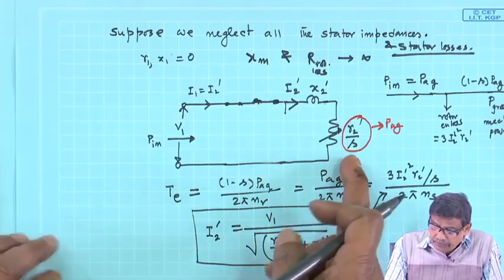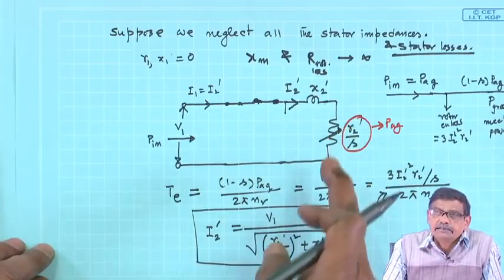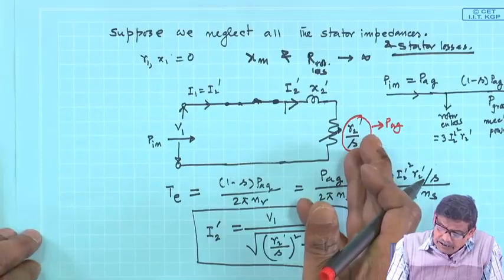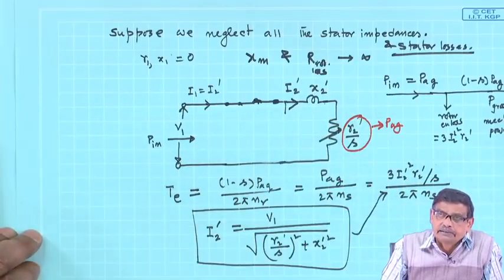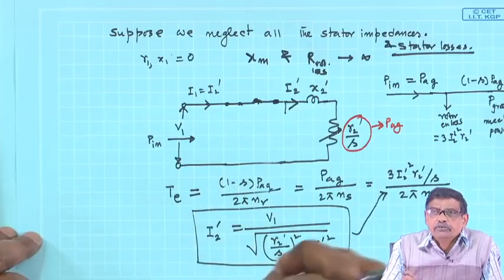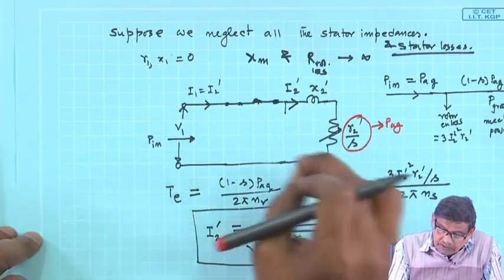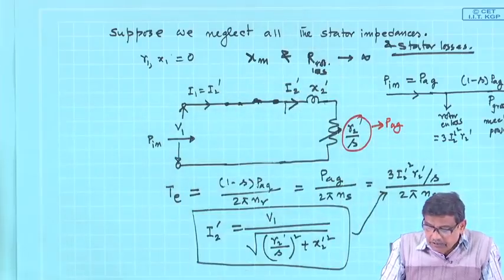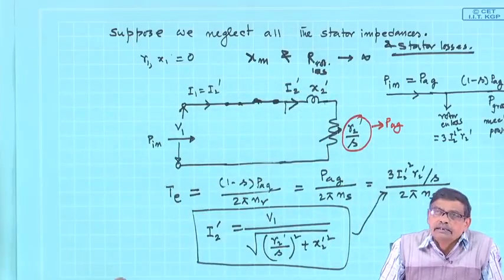When slip is 0, that means this resistance is infinity, and when slip is 1, it will have a finite resistance. Therefore, for different values of slip, the locus of the tip of the current I2 dash we expect will also lie on a circle.